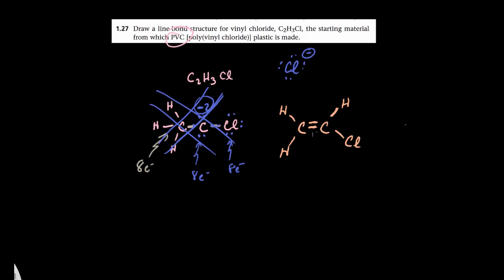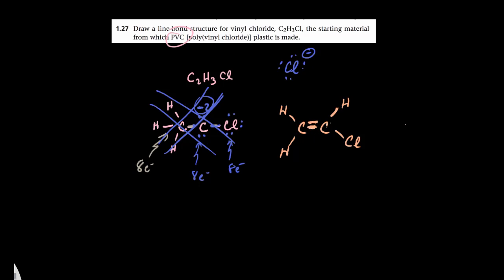So now, if we count the electrons, 2, 4, 6, 8 here, 2, 4, 6, 8. So again, when I count the outer shell electrons around a given atom in a molecule, I count both electrons in a bond because it's getting to share these electrons.